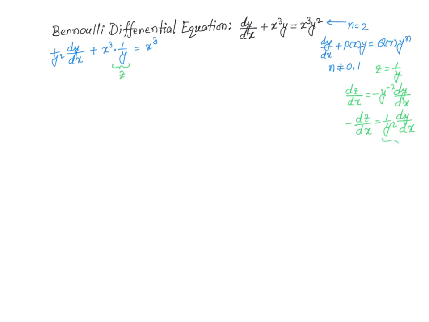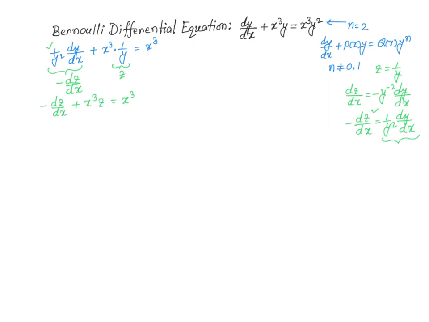Now if you notice that this is the same as this, I could replace it by negative dz over dx. So upon simplification, I get negative dz over dx plus x cubed times z is equal to x cubed.